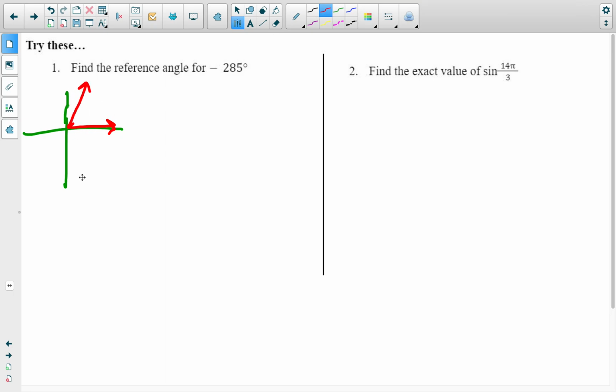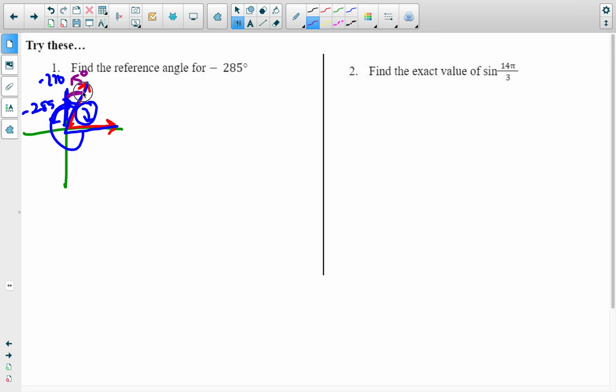Okay. And so which side is closer to an x-axis? Is it going to be like this angle, or is it going to be this angle? Well, you guessed it, it's going to be this one, right? We're kind of closest there. So if this angle is negative 285, and we know that right here we would be at negative 270, and then from negative 270 to negative 285 means that in here we've traveled 15 degrees.